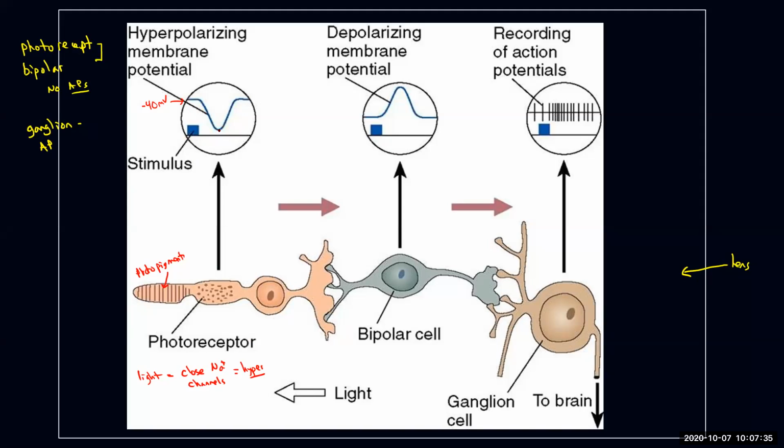Now, what does this hyperpolarization do to neurotransmitter release? We decrease glutamate release. Now, at this synapse, this connection between the photoreceptor and the bipolar cell, remember, glutamate equals hyperpolarization.